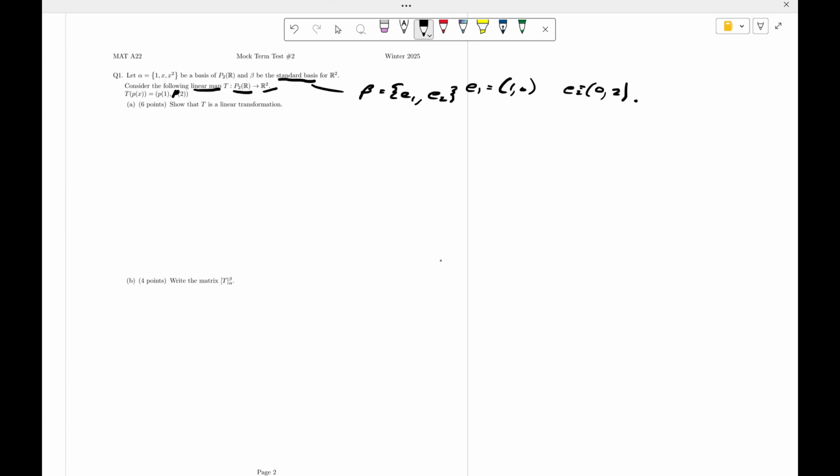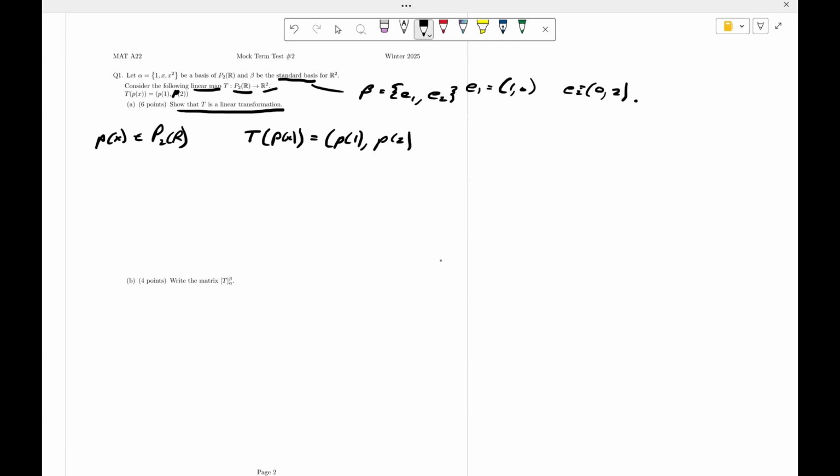So when we look at showing T is a linear transformation, we might get a little scared because this is p(1), p(2), and what does that mean? But remember, if p(x) is in P2(R), then T of p(x) is simply (p(1), p(2)).